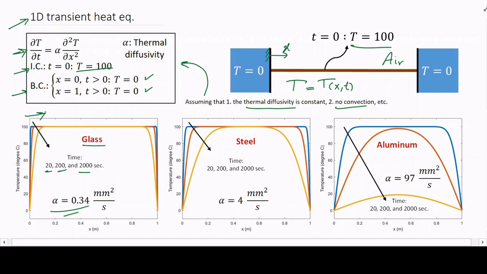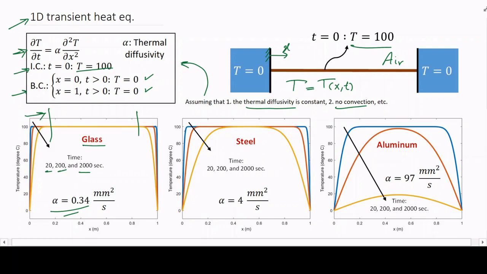But in the case of glass, even after 2000 seconds you can see that this diffusion takes place maybe around 20 centimeters from the boundary, and the majority of the rod does not see the effects of the boundary, and that's because the diffusivity of the glass is very, very small, which means the heat diffuses within the glass very slowly.